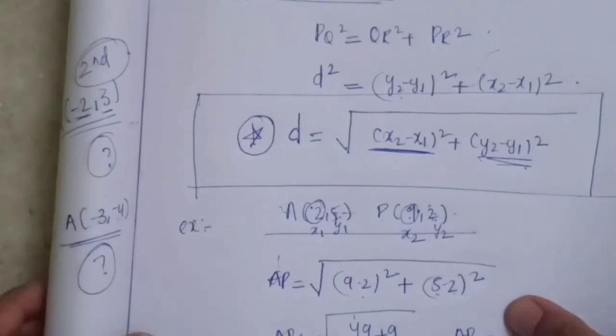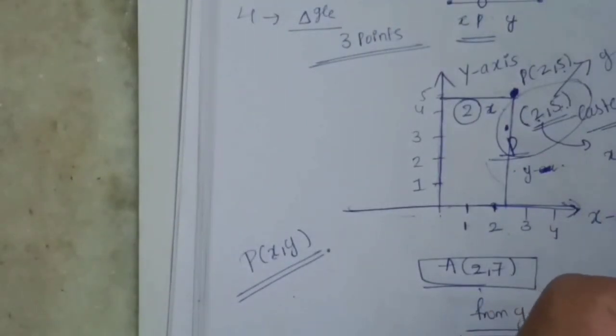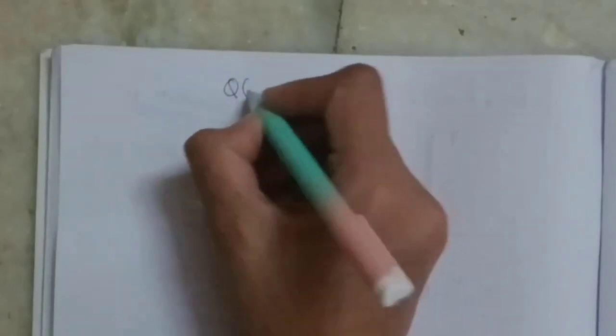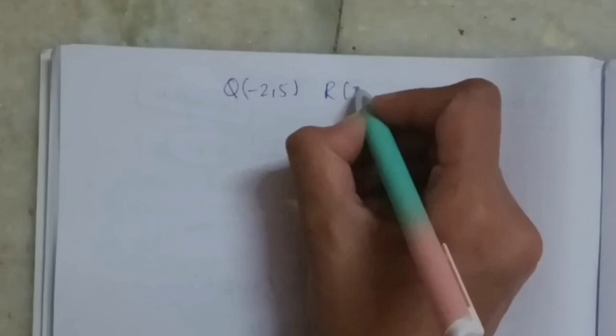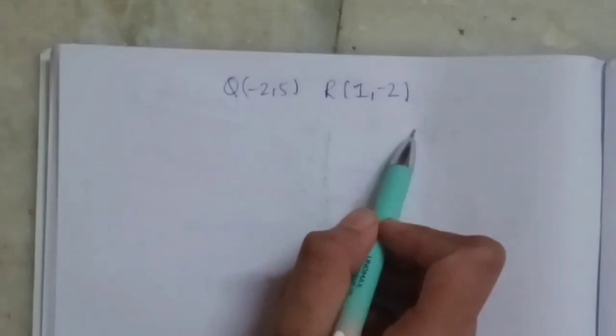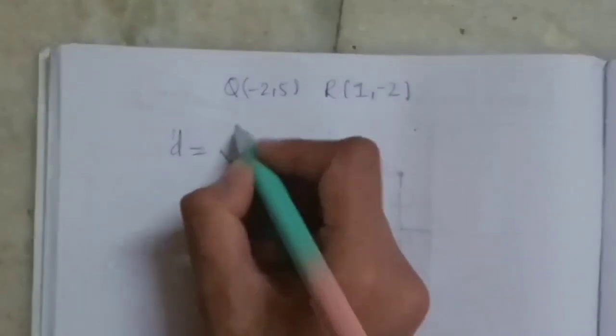Okay, so now it's your turn. Let us solve another question. Suppose a point Q which is minus 2 comma 5 and a point R which is 1 comma minus 2, I want to find the distance between them. It's so simple, right?